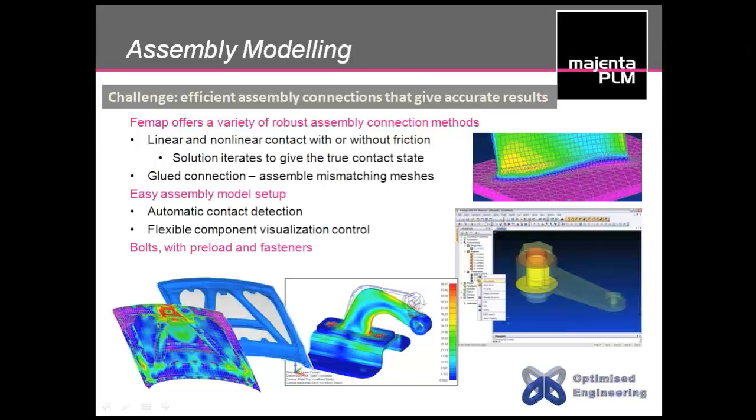There are some really good automated tools for detecting the contact surfaces, or the regions of the assembly where one part touches another, and then you can set up a variety of contact methods that define how the behavior works. So you've got linear bonded contact, and you've got non-linear contact, which simulates a much more realistic contact method, which looks at load transfer as the parts come into contact with each other, but allows separation.